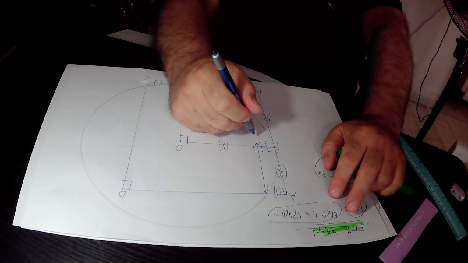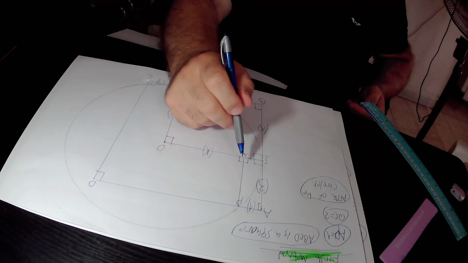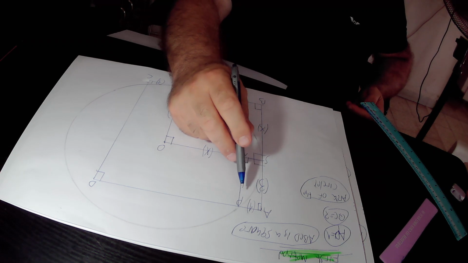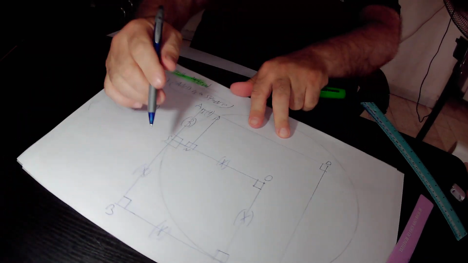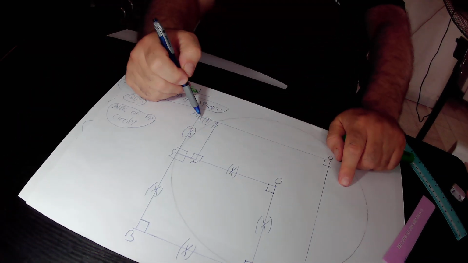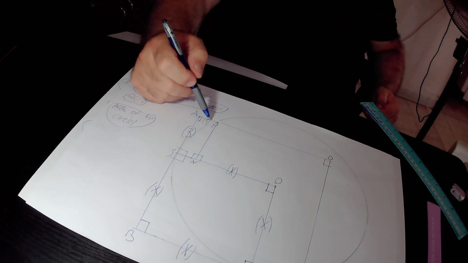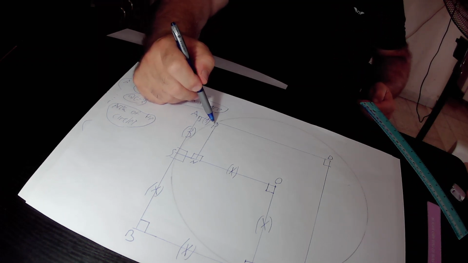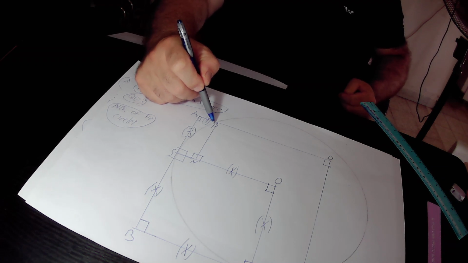When doing this construction, we get quadrilateral APNS. Inside this quadrilateral APNS, we have 1, 2, 3 right angles. The sum of 3 right angles is 270 degrees. So 270 degrees plus the size of this fourth angle must equal 360 degrees, according to the rule that the sum of the angles in any quadrilateral is 360 degrees.